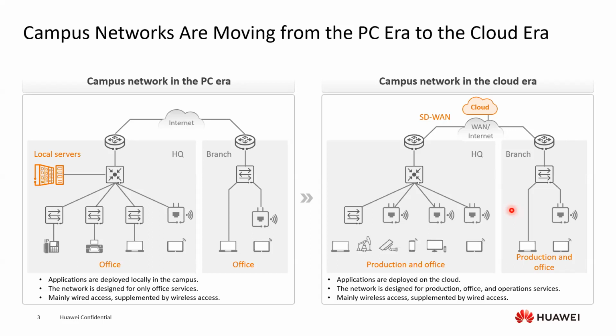So previously, wired was necessary and wireless was complementary. Now it's the other way around: wireless is a necessary part of every new campus, and wired is there just to support in case of any issue.